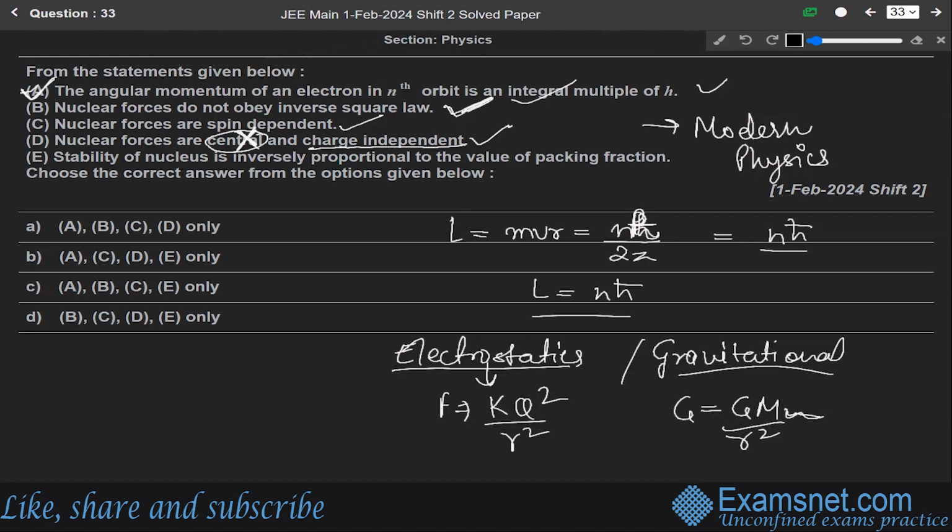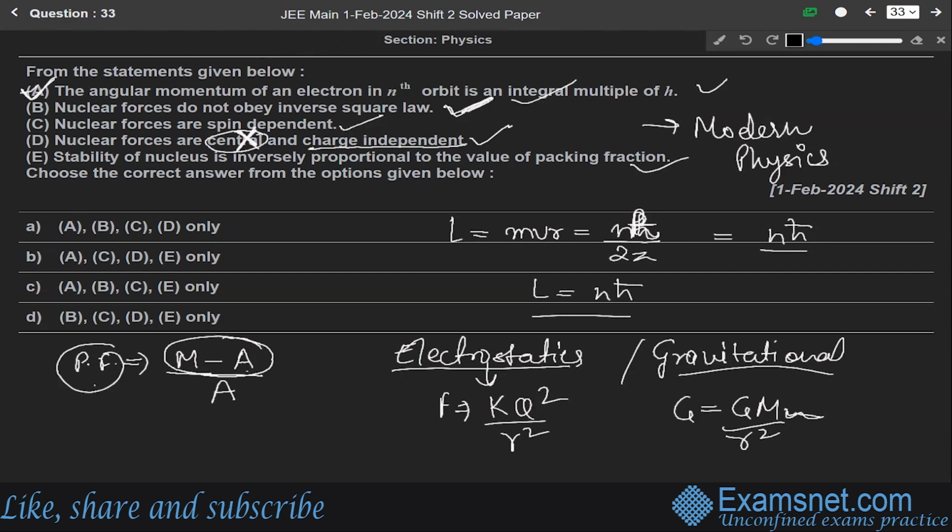And E: stability of nucleus is inversely proportional to the packing fraction. Okay, this statement is also correct, since packing fraction is mass of isotope minus mass number over mass number. So this ratio is called the packing fraction.